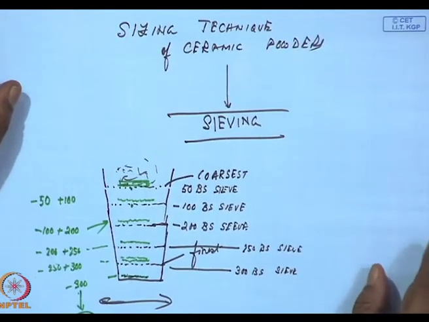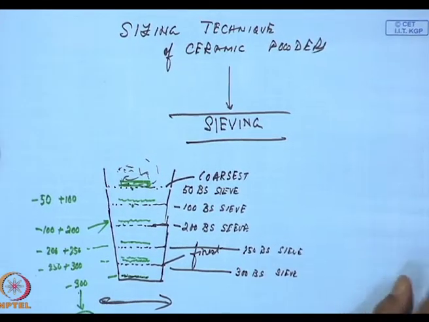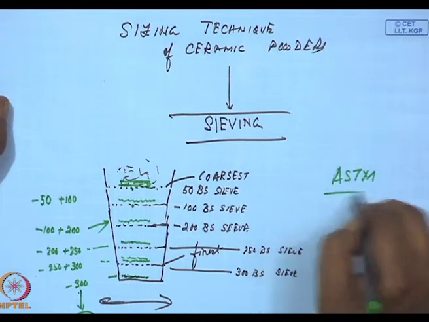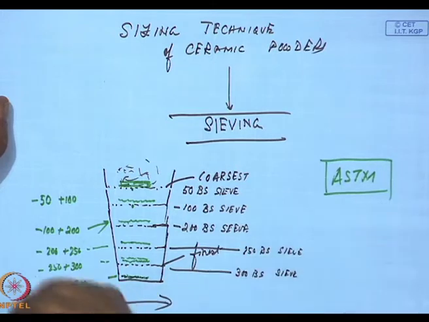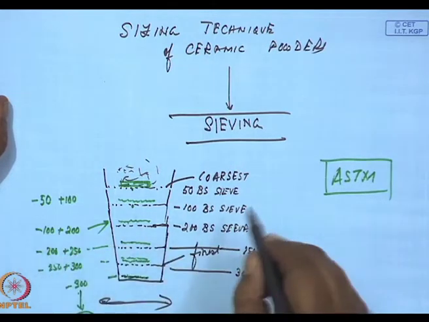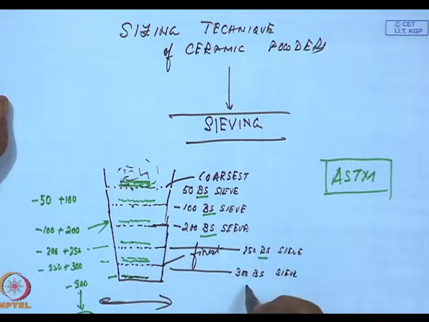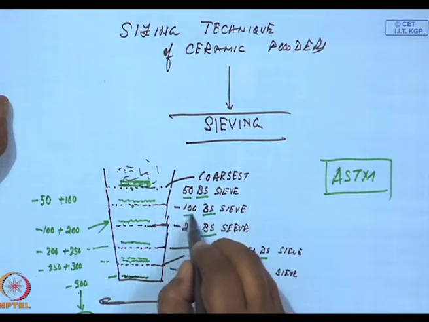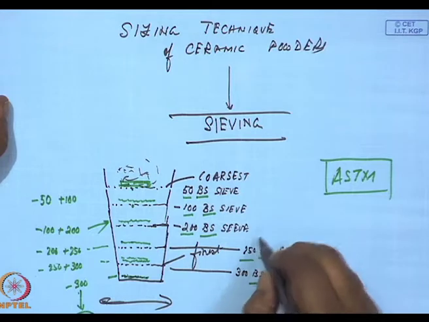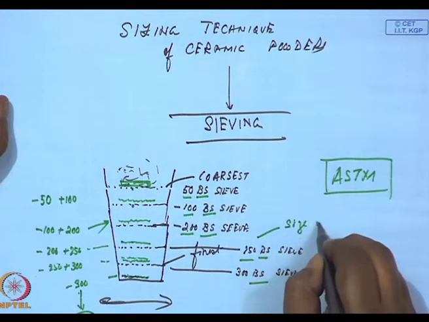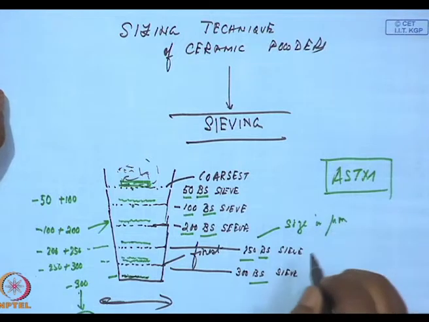If you look at the ASTM standards, I am deliberately not putting in everything because these are available in standard books. You will find out what these words BS mean. BS is Bureau of Standards, but then what do these mean? Each of them corresponds to a particular size in micrometer.